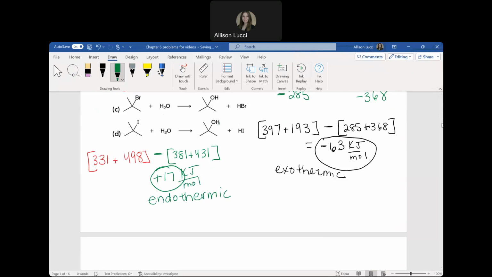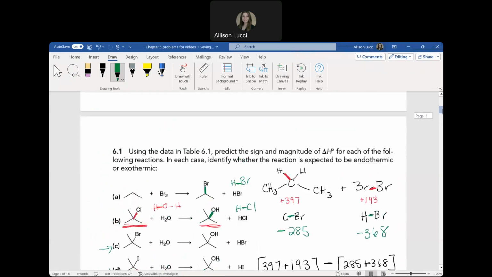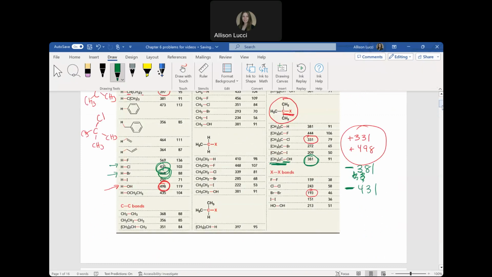So for the remaining two reactions, you would do the same thing. You would find the bond dissociation energy. All of our starting materials for the next two are very similar. So you would go to the table in the same area, right? And we would just change our values from 331 to 272 for our bromine here, and then 209 for our iodine.